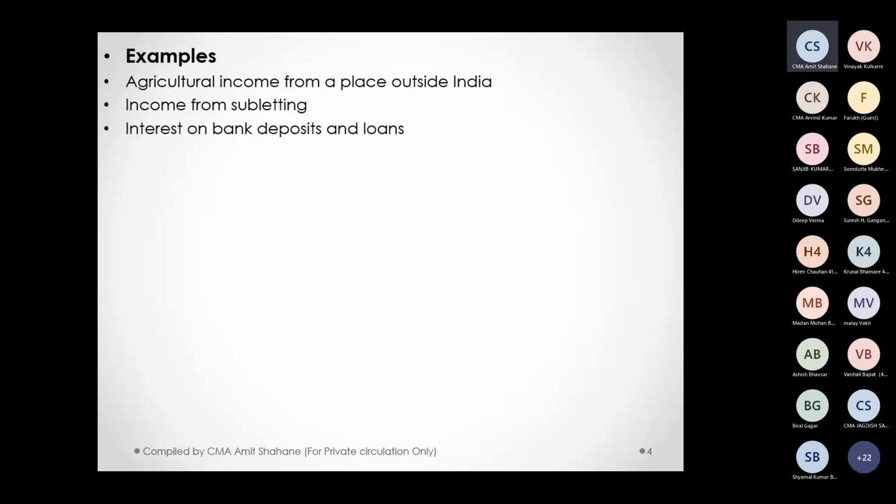There are many case laws on this matter, whether it is a business income or an income from other sources. So the point I'm trying to make is, if that interest income is shown as business income, then obviously it will be chargeable under the head PGBP, that is profits and gains from business or profession. But other than that, it will be chargeable under the head income from other sources.